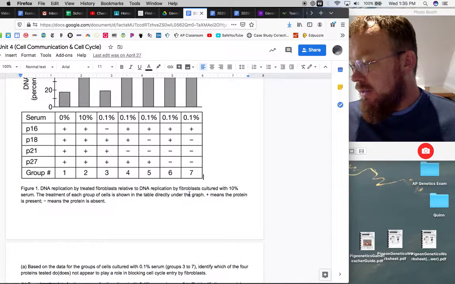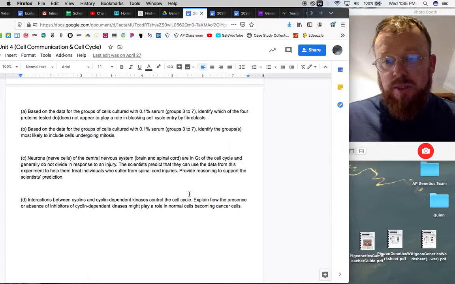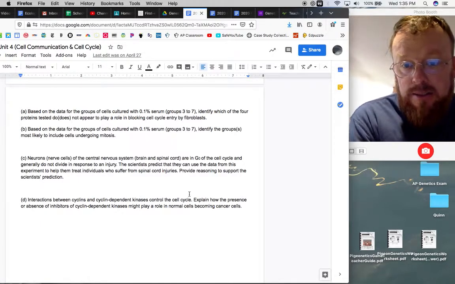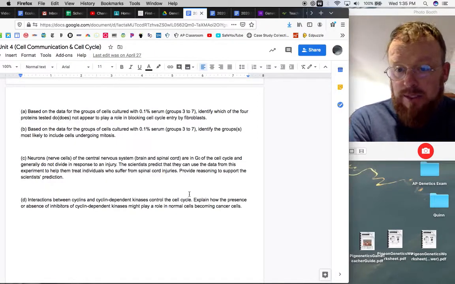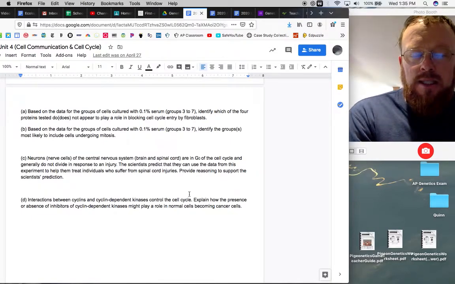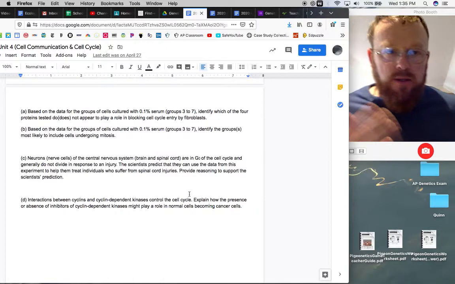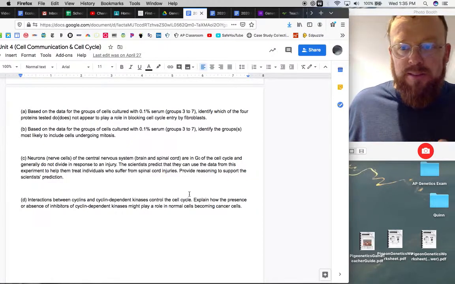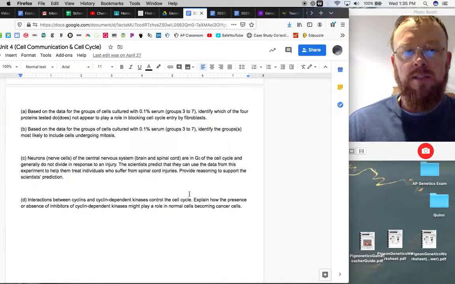That's all we got. Okay, and D, interactions between cyclins and CDKs control the cell cycle. Explain how the presence or absence of inhibitors might play a role in normal cells becoming cancer cells. And really what they're looking for is which of those options, the presence or absence of inhibitors, would allow cells to become cancerous.